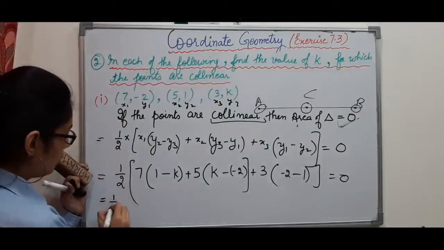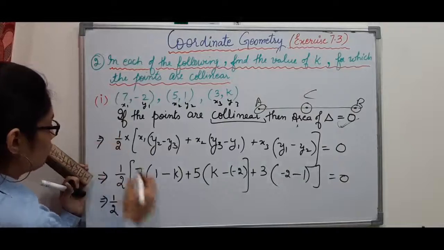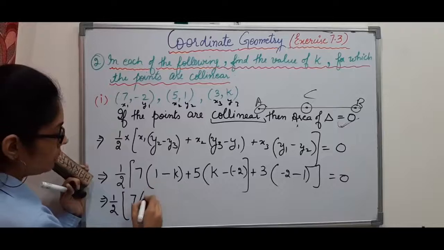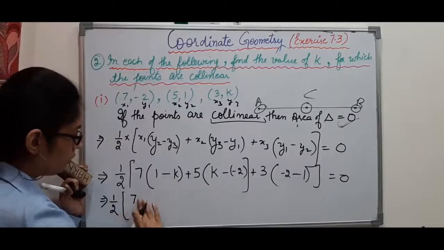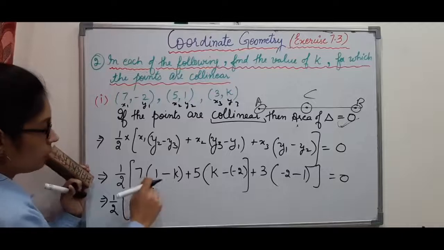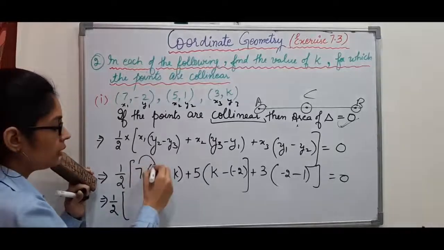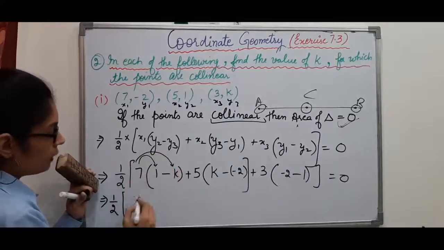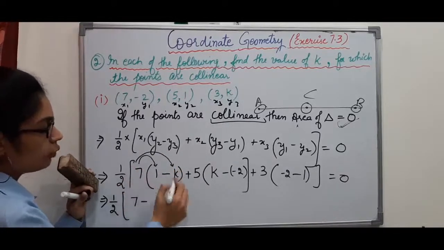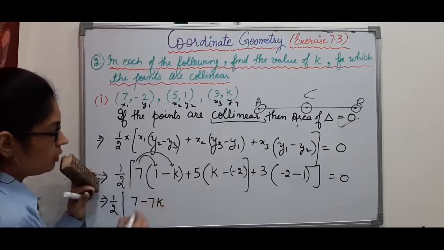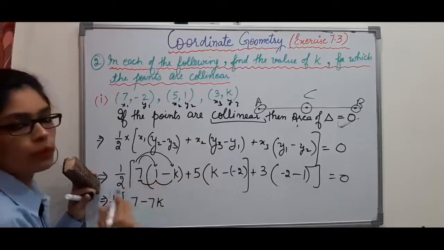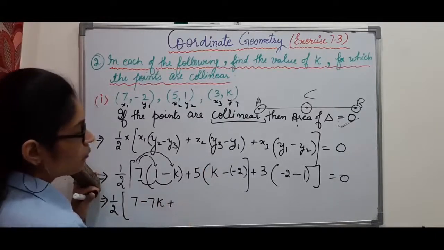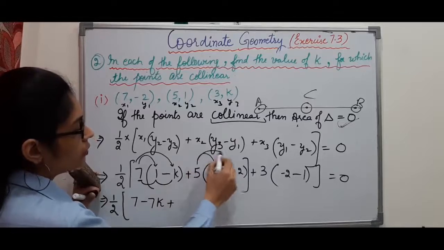Now half into 7, (1 minus k) we will write as it is, or if you want we can do the multiplication also, because if a number is written outside the bracket, that number will get multiplied with both the terms inside the bracket. So we can write 7 into 1, it will be 7, minus 7 into k, it will be 7k. Same goes here also, plus 5 will get multiplied with k also and with this also.